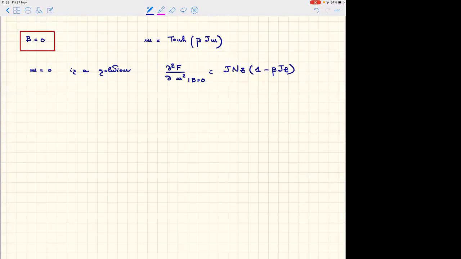And therefore you see that if Jz divided by kBT is smaller than 1, then the second derivative is positive, and m equals 0 is a solution, is a minimum.